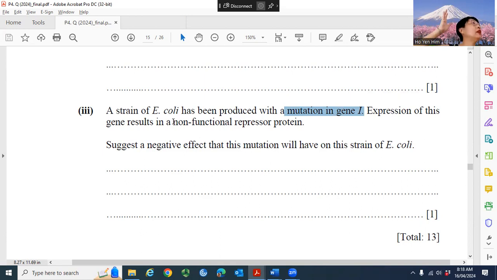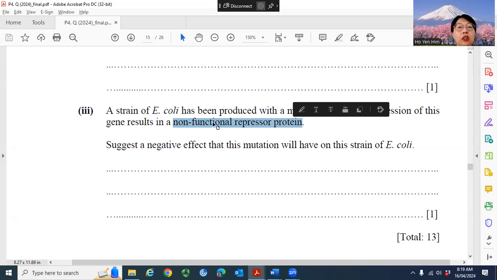But because the base sequence of the DNA changed, the base sequence of mRNA changed, amino acid sequence changed, the protein structure will change. So when the structure changes, function will change. So it says that it's no longer functional. That means it can no longer bind to the operator to prevent the transcription of the gene, right?